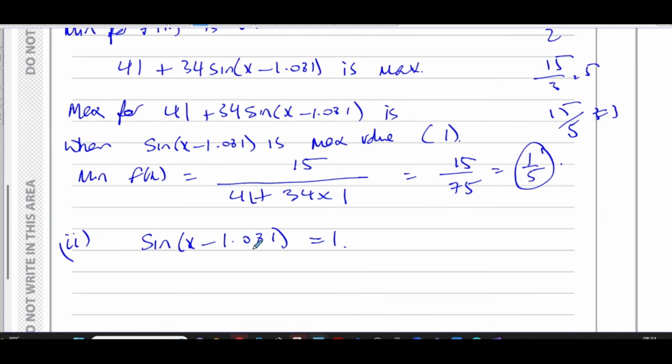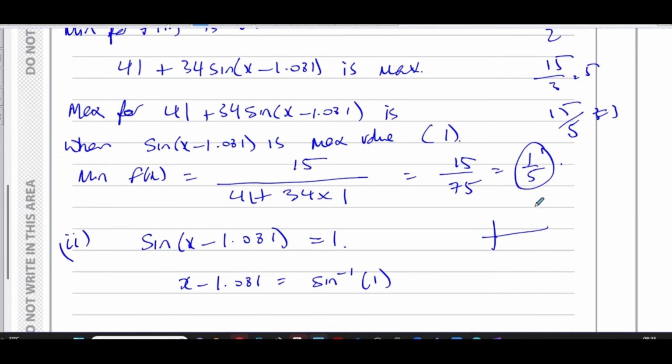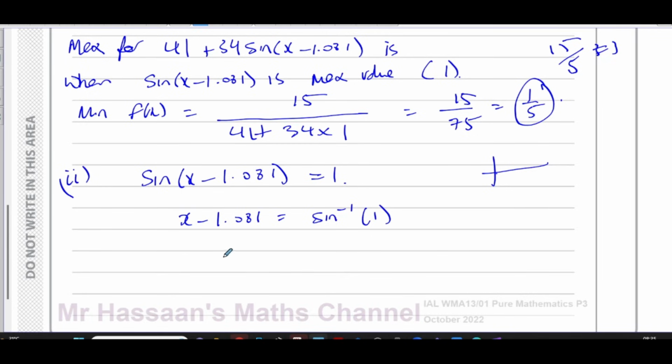So what we can do is we can say x minus 1.081 is equal to the inverse sine of 1. Now, the inverse sine of 1 is going to be equal to 90 degrees or pi over 2. So let's confirm that. Inverse sine of 1, we're in radian mode, so it's pi over 2. As we know that the sine curve reaches maximum of 1 at pi over 2 the first time. So we can say that x minus 1.081 is equal to pi over 2.